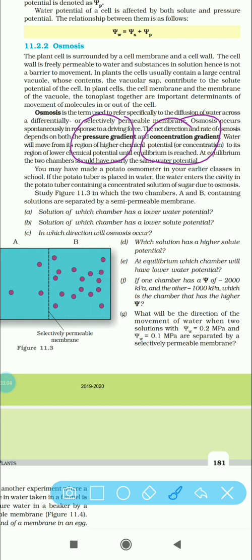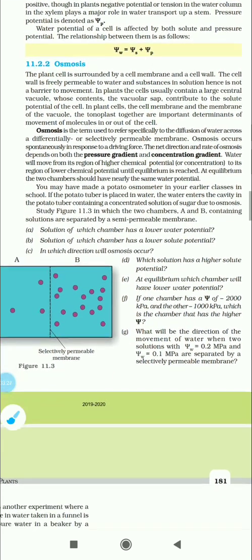Water will always diffuse from a region of higher concentration to lower concentration. It can be said as from a region of higher chemical potential to lower chemical potential, and the movement will continue till equilibrium is established.